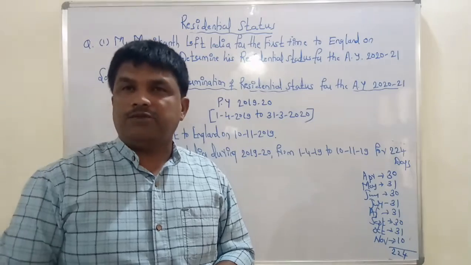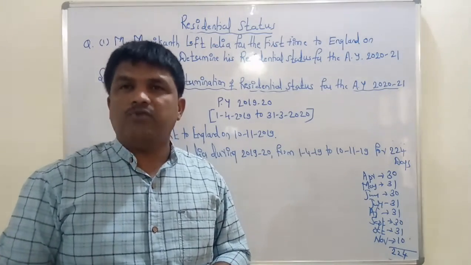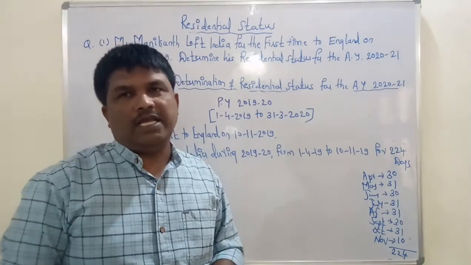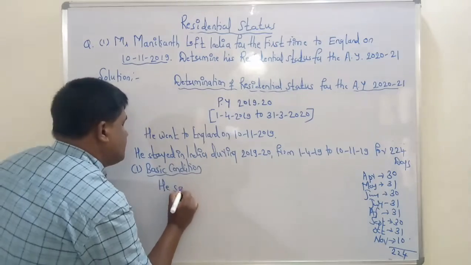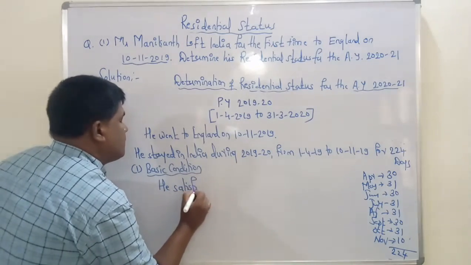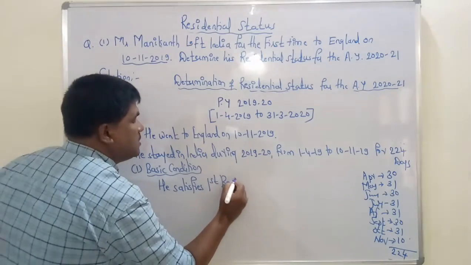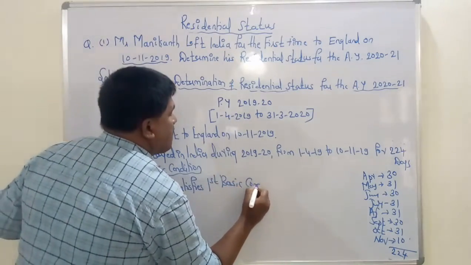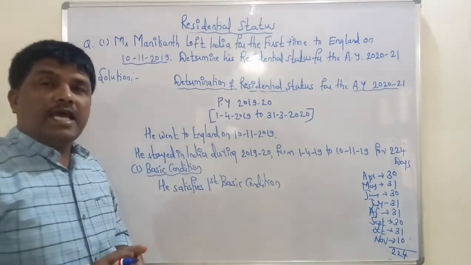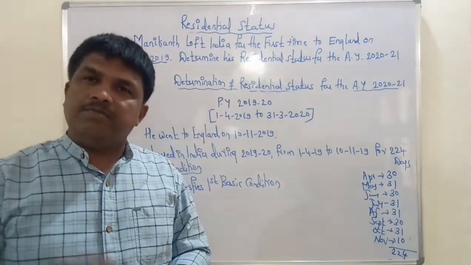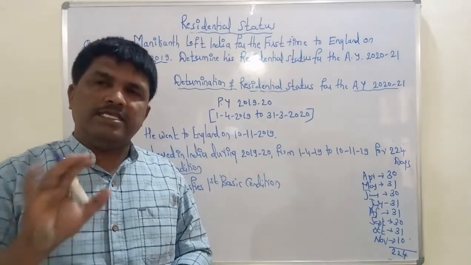It means he satisfies the first basic condition. As he satisfies the first basic condition, we need not go through the second basic condition. Just remember, as he satisfies the first basic condition, he is resident.